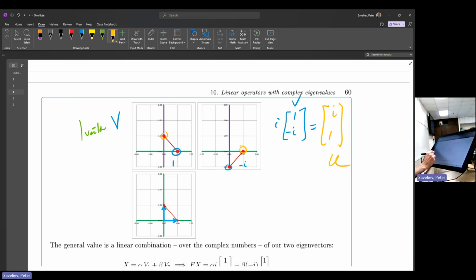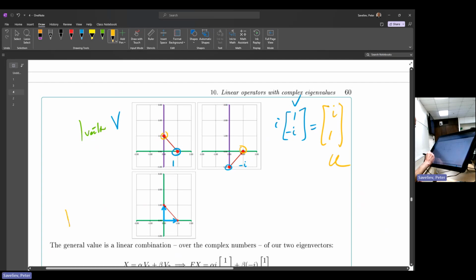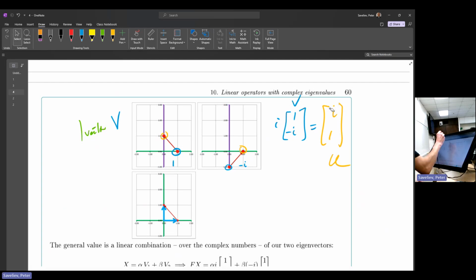If we take only the real part here, the real part of v is 1, 0.